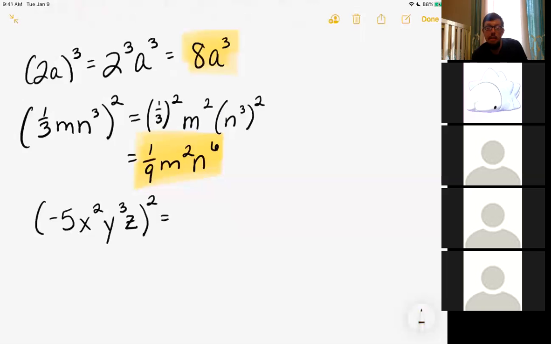So because the -5 is in parentheses in the problem, it has to also be in parentheses when I square it. So I need to do -5 in parentheses squared.